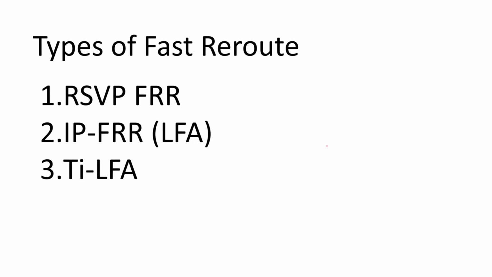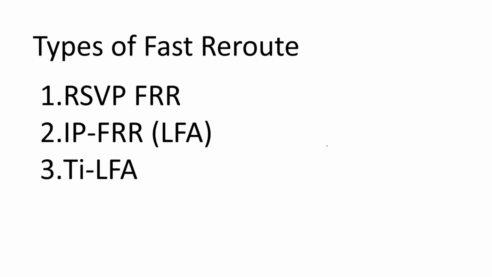In part number 1, I talked about the rsvp-frr, how exactly it works, its configuration, and pros and cons. In part number 2, I talked about IP-FRR or loop-free alternate.